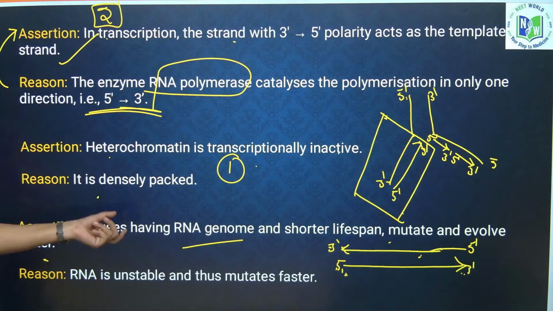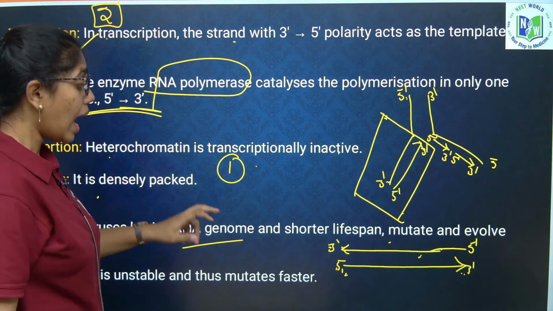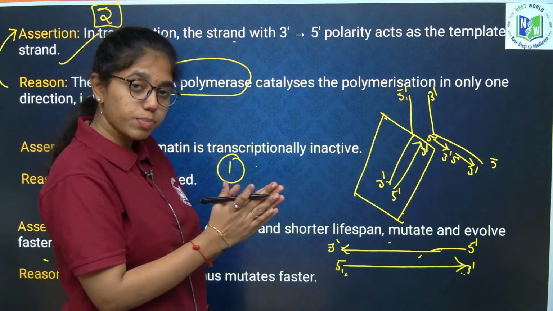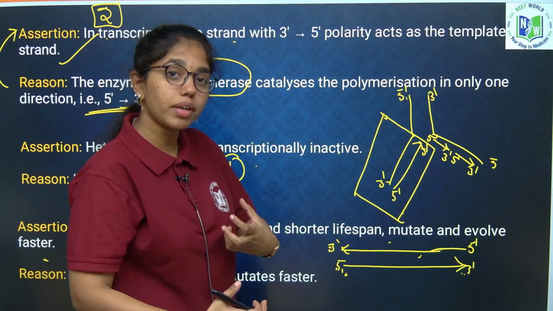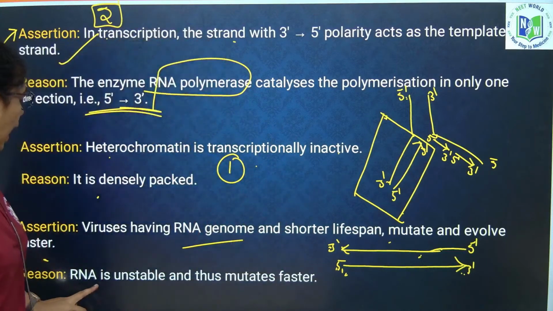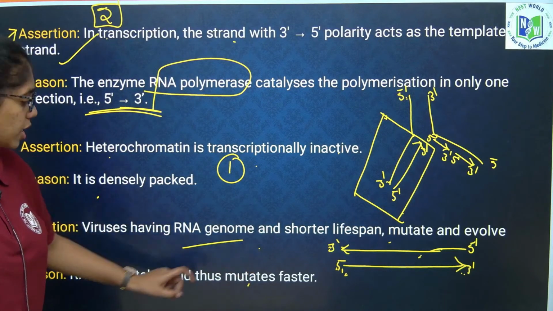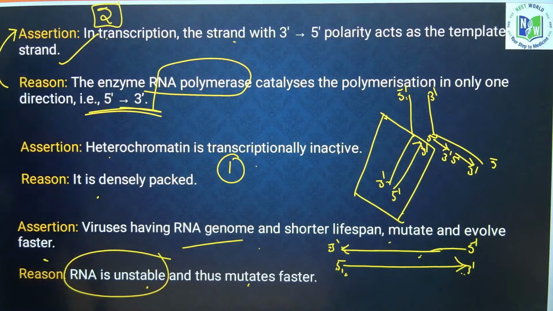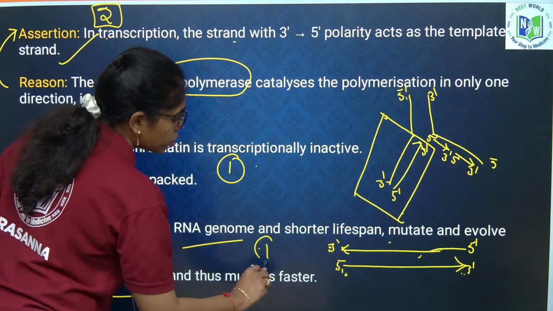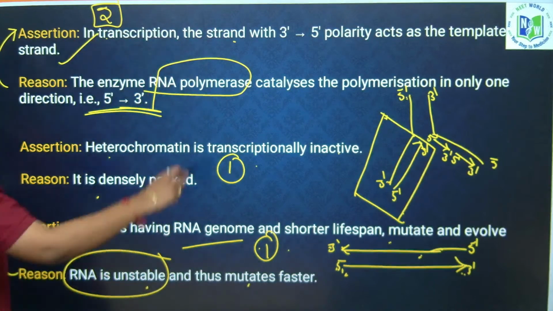Why do viruses with RNA genome have a shorter lifespan and mutate and evolve faster? It is because RNA is unstable and therefore it mutates faster. Here again the reason is explaining the assertion, so you choose option 1. Clear? Next.